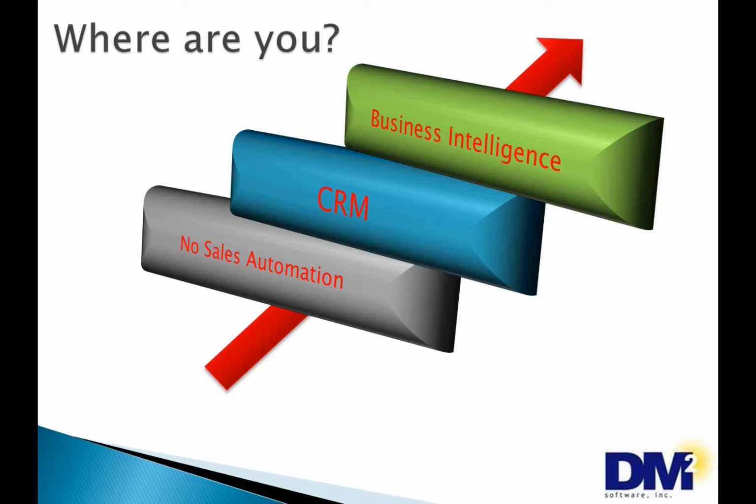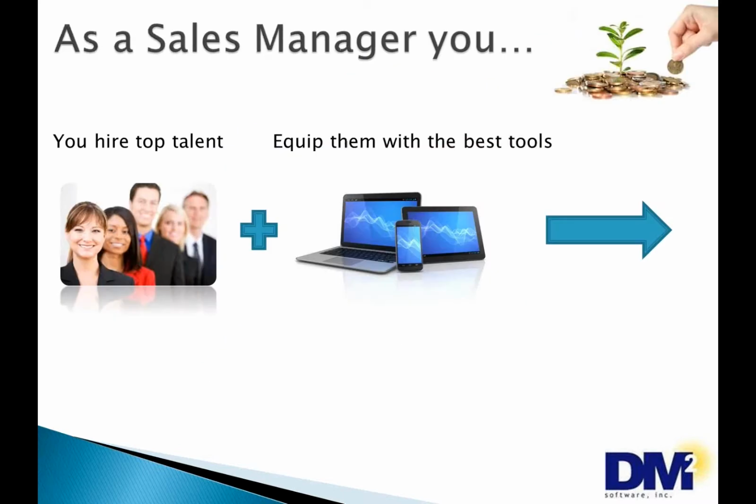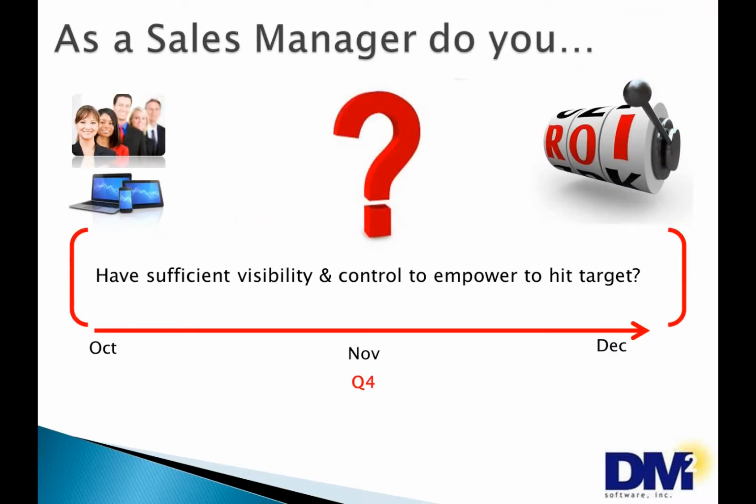So let's take these one by one. As a sales manager, you hire top talent, you bring in great people, you make an investment, you outfit them with the best tools. So we're making an investment in people and in a laptop, a computer, their mileage. At the end of the day, it's their job to make a return on investment for you.